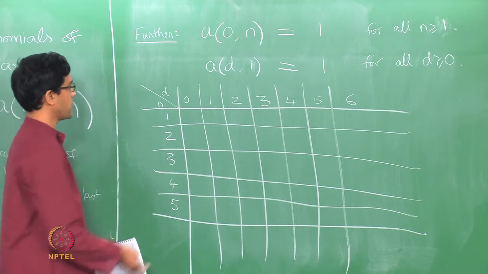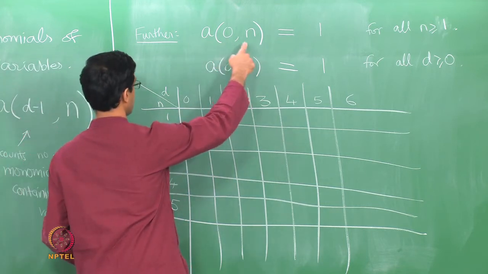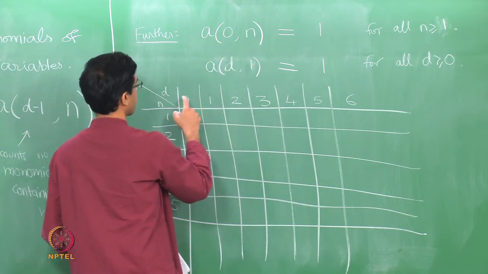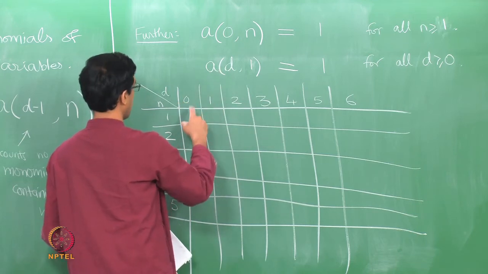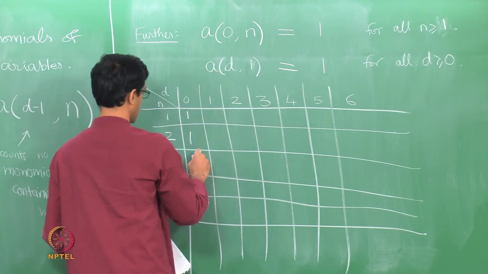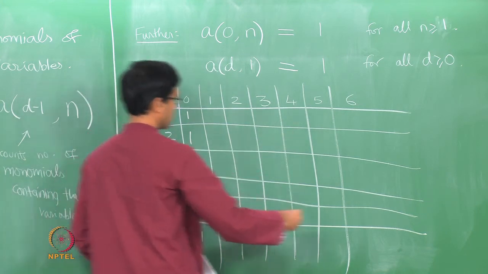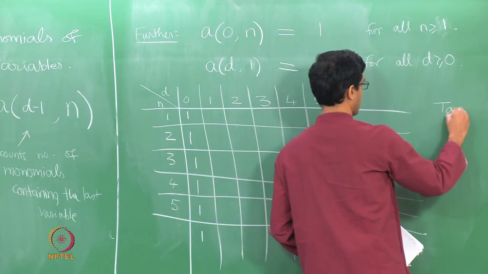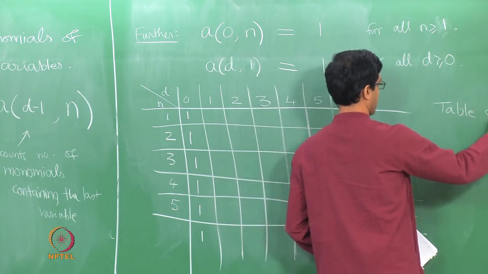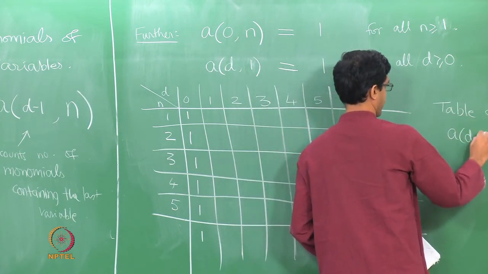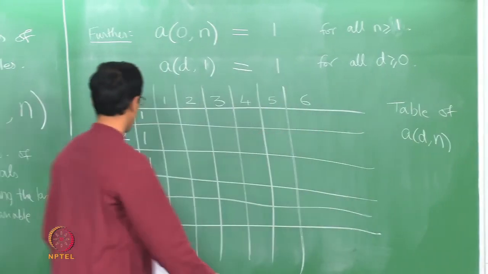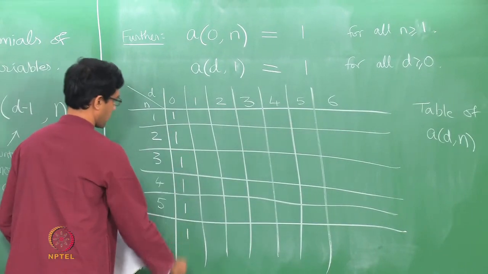Now what we have said here is the following: a_{0n} means if I put d is 0 and n to be anything, the value is 1. So what I am tabulating here are the values of a_{dn}, so this is the table of values of a_{dn}. The first column contains all ones.